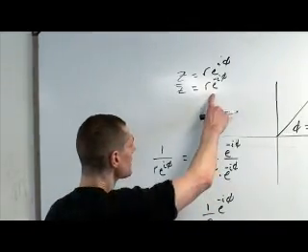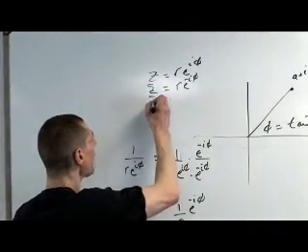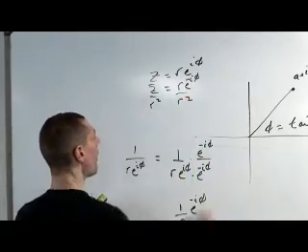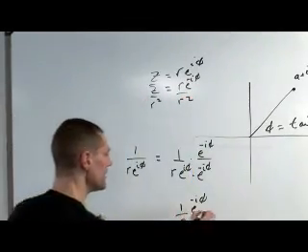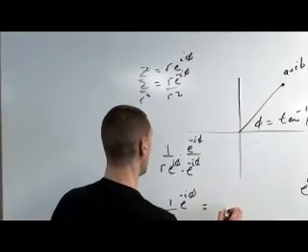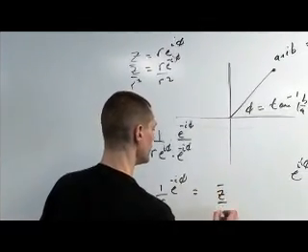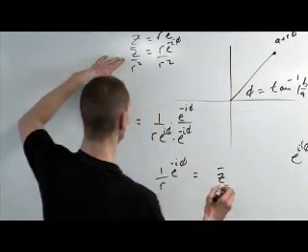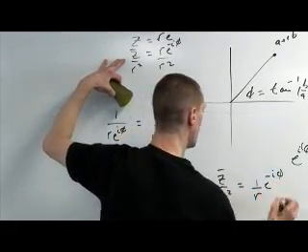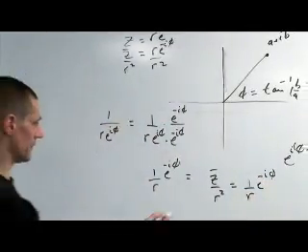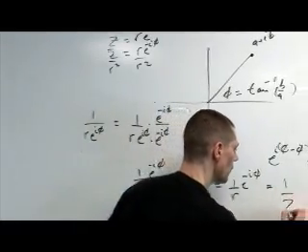So that means that if we divide this by r squared, this is equal to z bar divided by r squared, which is 1 over r e to the minus i theta. And this, of course, is equal to 1 over z.